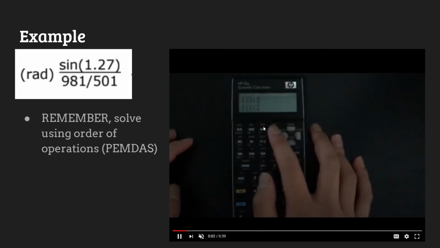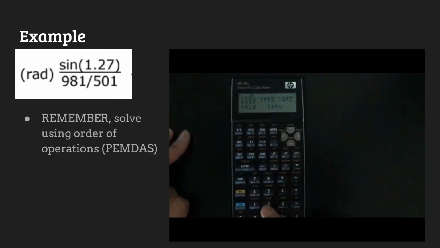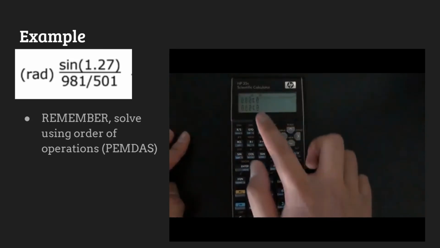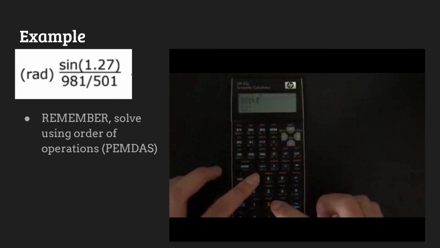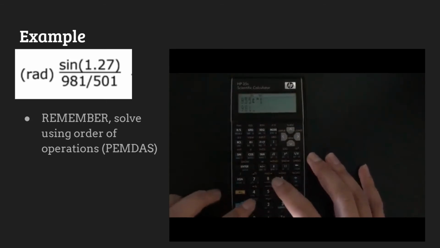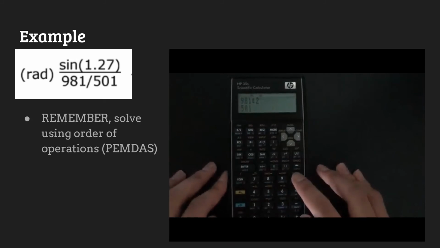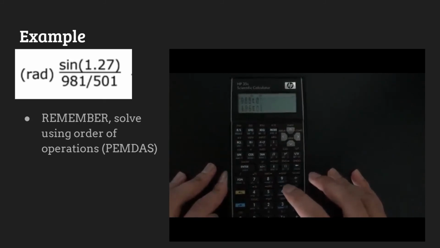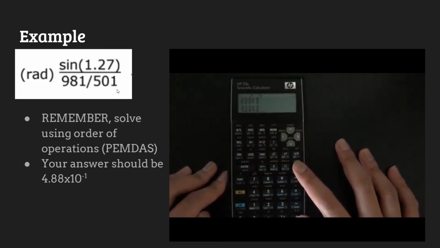So I go into mode, and then I press 2 for RAD, and it should pop up at the top as RAD. And I did 1.27, and then I press sine. Now I can work in the denominator, 981 divided by 501. Now I can divide again, and your answer should be 4.88 times 10 to the negative first.